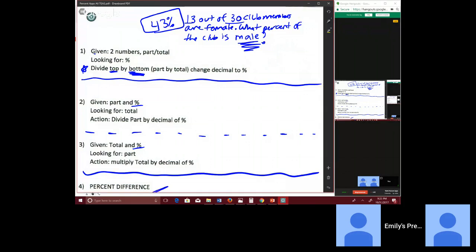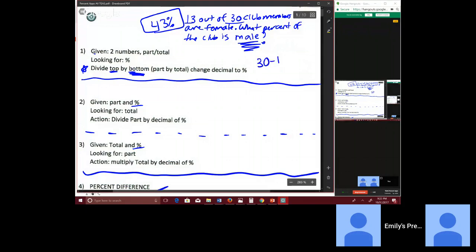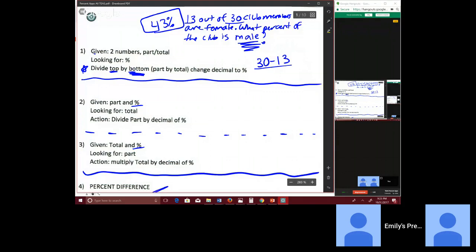So the difficult scenario 1s will present as though they're easy, but you'll notice that the question asks for a quantity that has not yet been given. So we know how many females there are. We don't know how many males. We do have enough info to find out because all we have to do is take 30 minus 13, and that will tell us what we have left over.